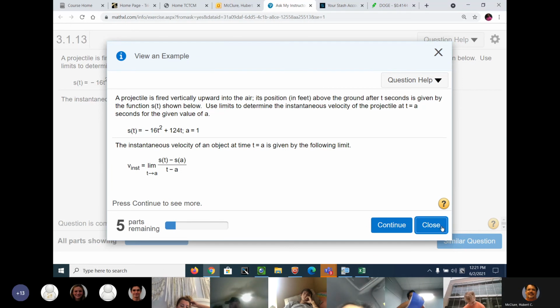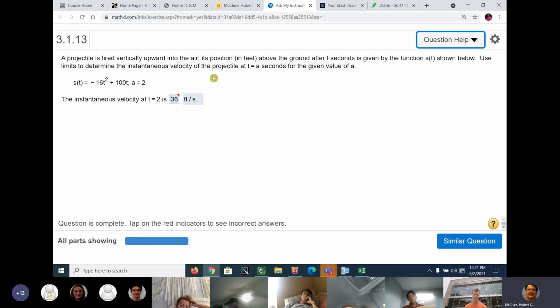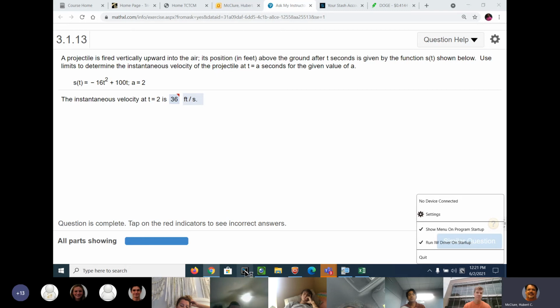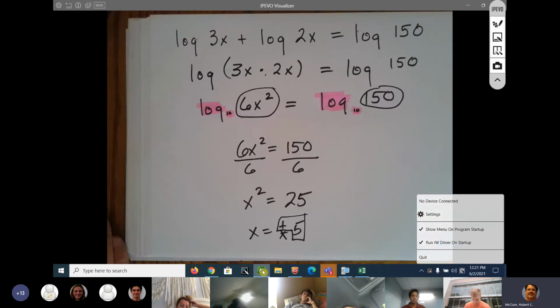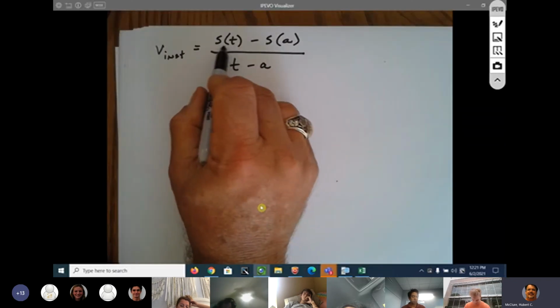Now, if you go back and do this problem, look at what I'm doing here. This is the same thing as f of x. So it's a little bit different from the difference quotient.